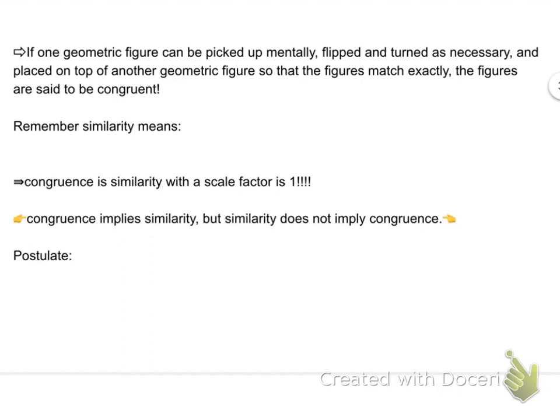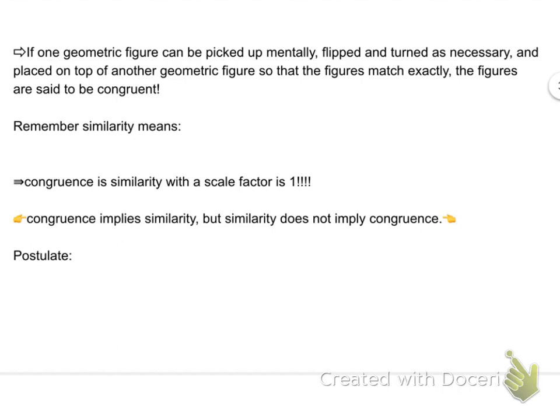No. So if one side length is 5, its corresponding side length somewhere else will also be 5. And what's 5 divided by 5? 1. The scale factor is 1. It doesn't matter. If they are congruent, side to side, they will have the same length. Therefore, it's a multiple of 1. Doesn't change it.